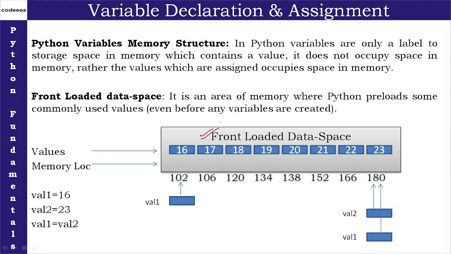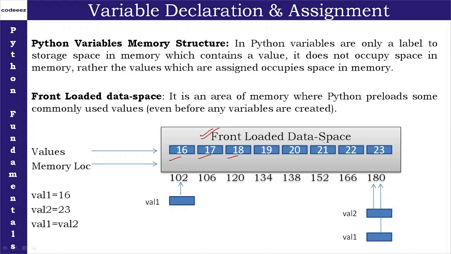Python uses the concept of front-loaded data space. It is simply a memory area where some commonly used data are pre-stored, 16, 17, 18, likewise.